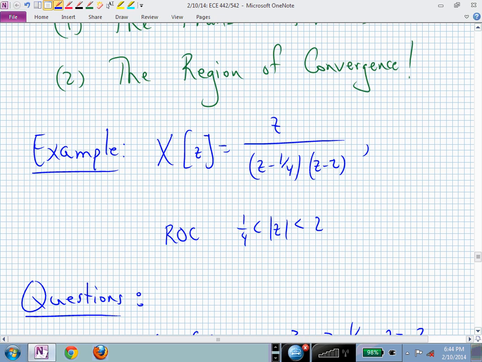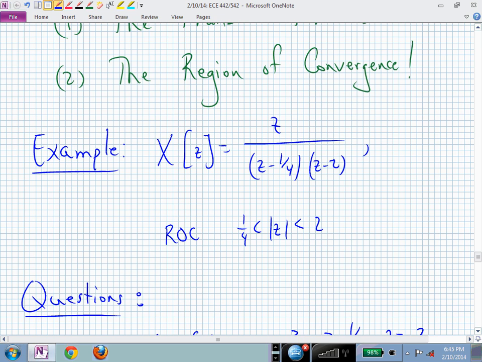What's the structure of little x of n if both of these poles are interior to the region of convergence, or the region of convergence is beyond those two poles? Pardon? Causal. Now we know little n is always going to be non-negative. The modes are still there. We have 1/4 to the n and 2 to the n. What's the bounded or unbounded behavior of little x of n in that particular case?